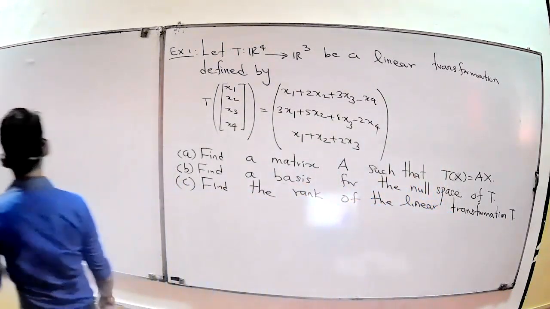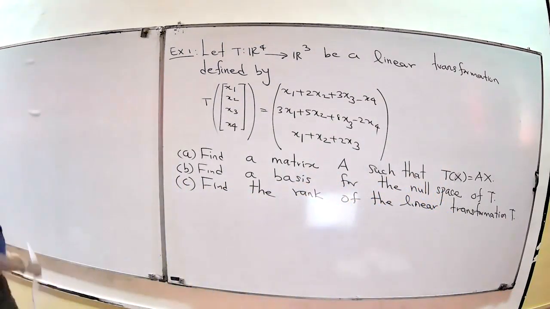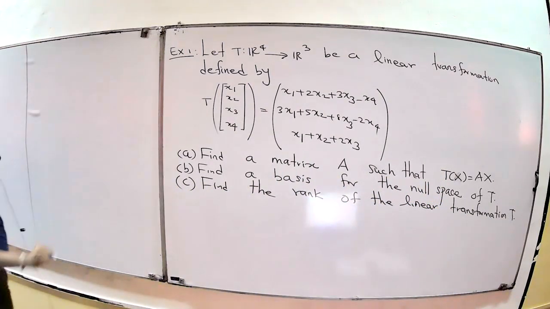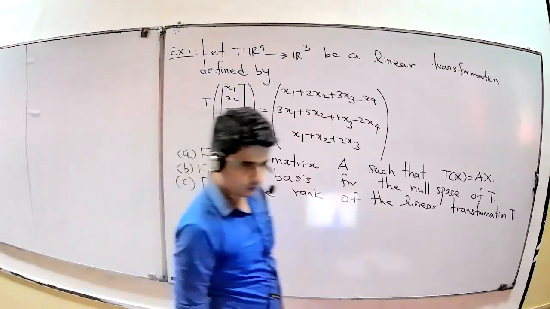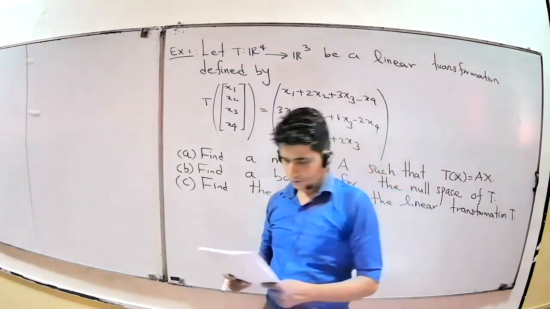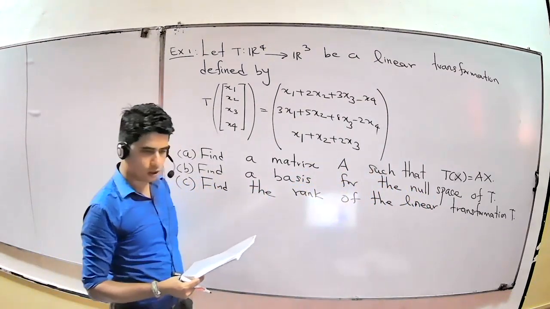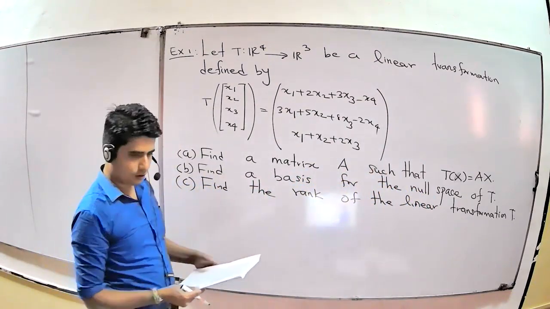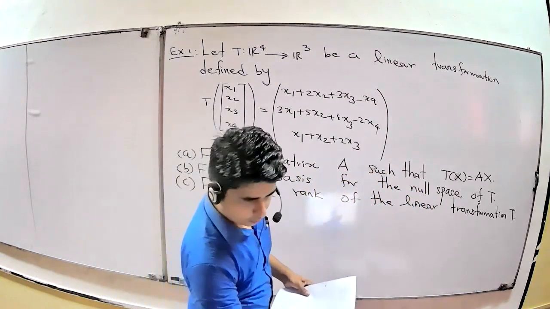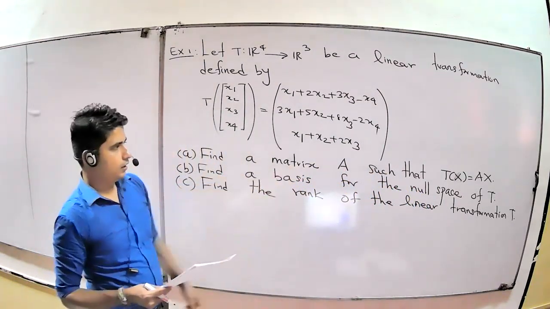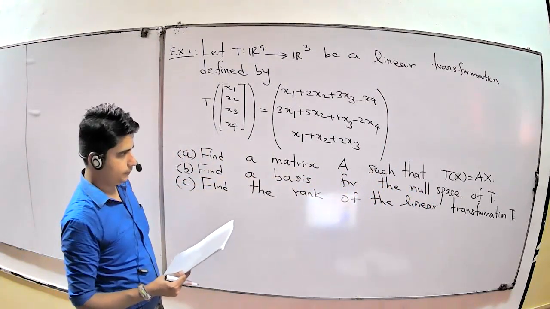You want to solve it. Let T be a linear transformation from R to the power 4 to R to the power 3. First question, they asked to find a matrix A such that T of x equals Ax.